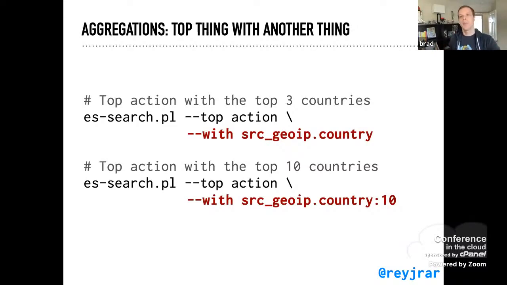So the first example is the top actions, so it'd be top 20 actions with the top 3 source IPs or source countries. So that would give you 60 results. And then the bottom one would give you 200 results. Also, 3 was chosen just because it would help minimize the amount of data on your screen, so you could actually make some sort of distinction about what you wanted to do with that data.